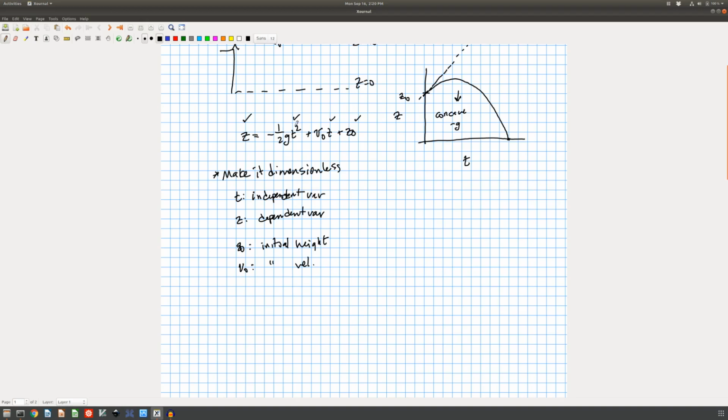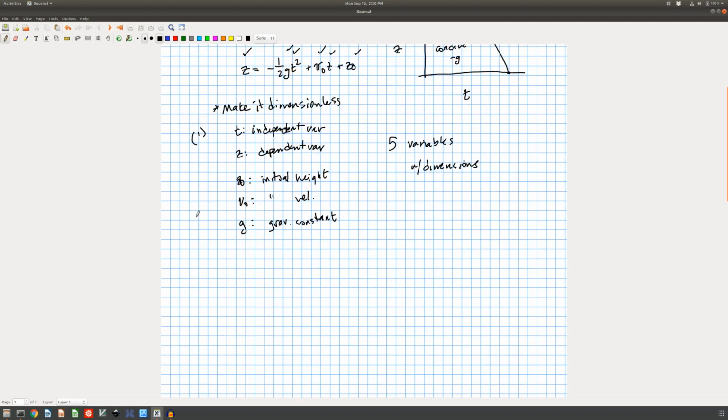The last thing I have is g, and g is a dimensional constant, the gravitational constant. So I have 5 dimensional variables in total, 5 variables with dimensions. That's step 1 in making it dimensionless.